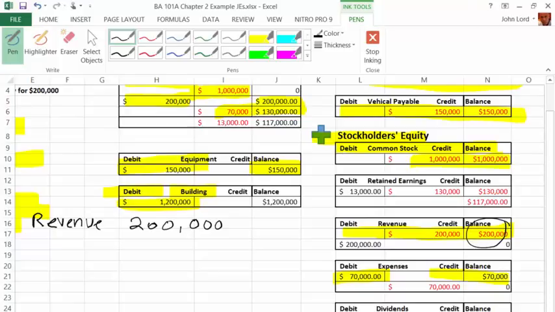Okay, good. And then I need to put in my expenses, don't I? Okay, so I put in my expenses. Isn't this fun? And my expenses are how much? 70,000. Good. So I stick that in.